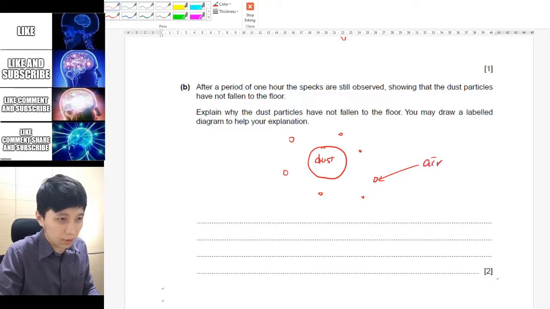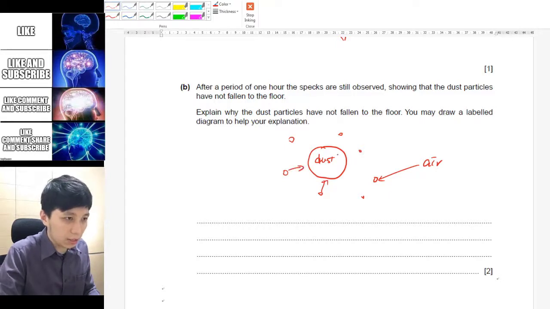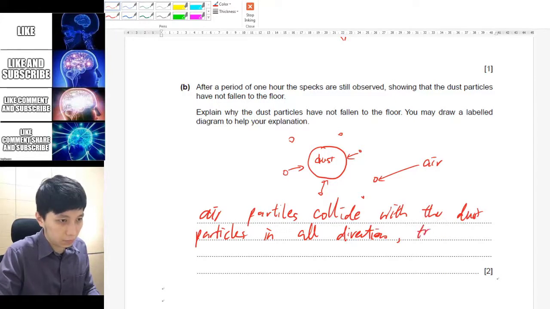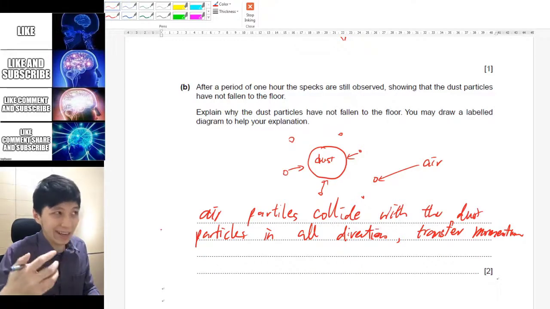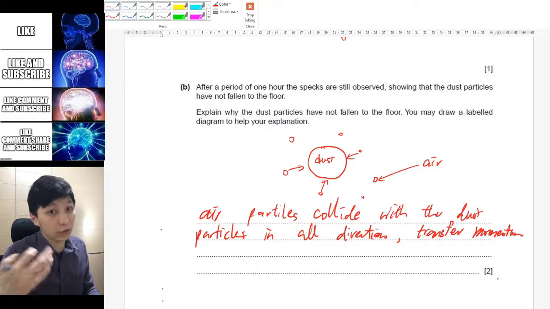Label them as air, and then you may want to say that the air particles will collide with the dust particle in all directions, transferring momentum or kinetic energy, but I like momentum more. Transfer momentum because it also shows direction.